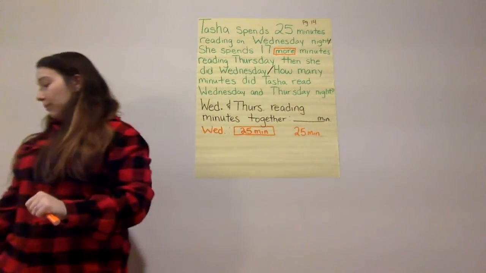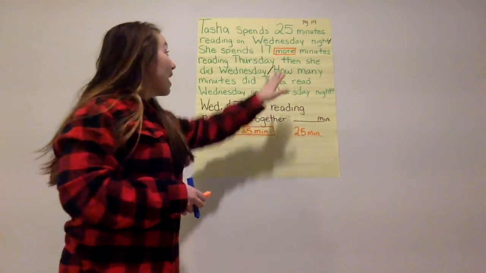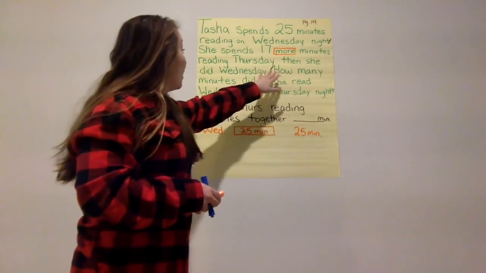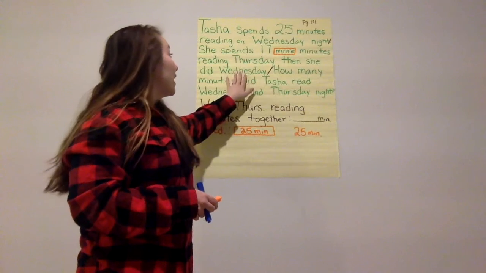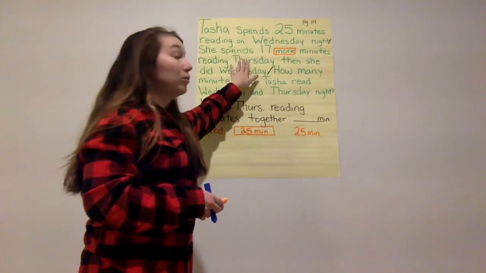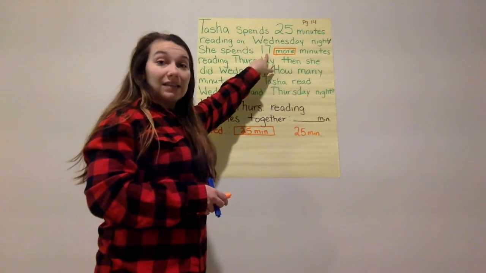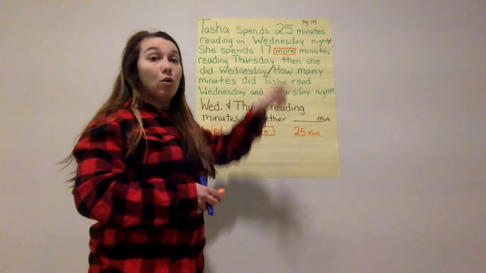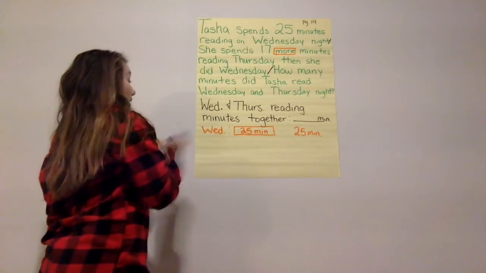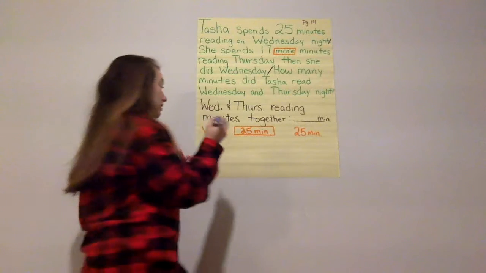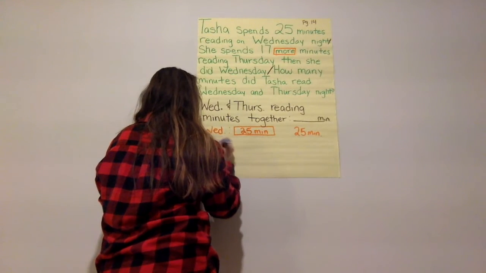All right, so if we have a word like more, that means that whatever she read on Wednesday, she also read on Thursday, plus in this case, 17 more, okay? So it's important that we go ahead and make our Thursday block. All right, so I'm going to label Thursday.